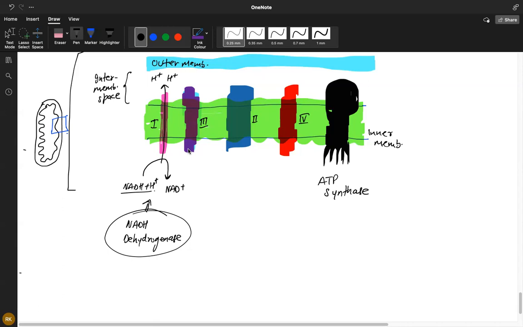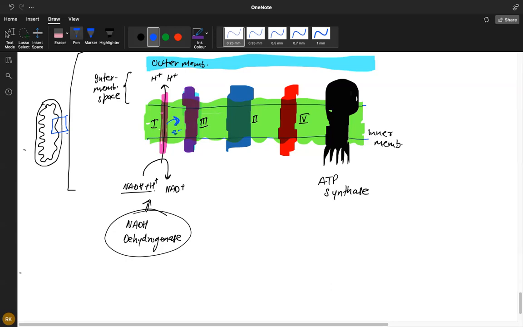You can see that the H plus, which is your proton, is accumulated in the intermembrane space. What happens to the electrons? Write down, the electrons from complex 1 are transferred to, so I'll mark it like this here.